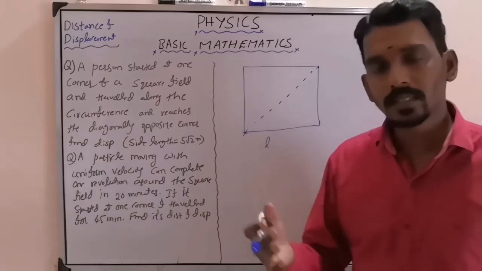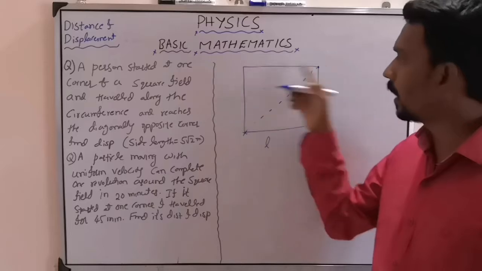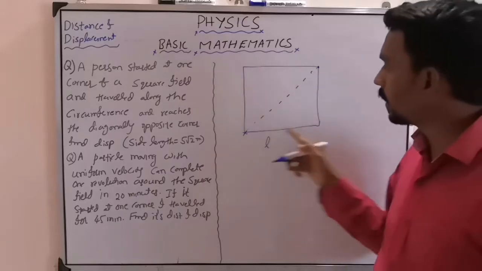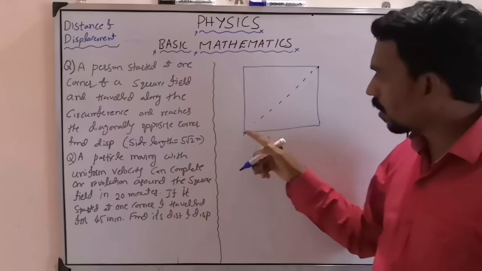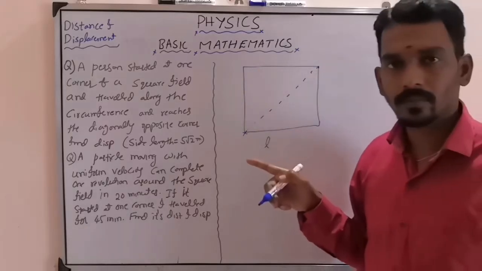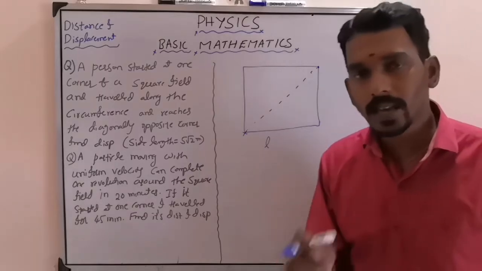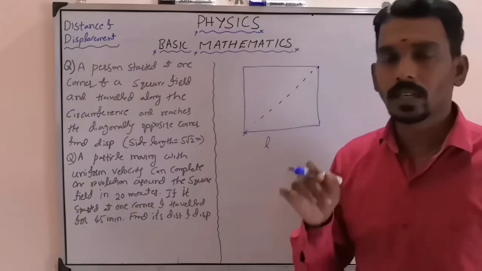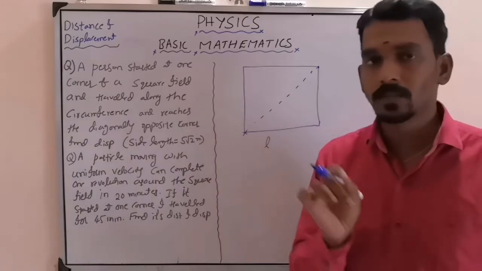If they ask distance, then definitely they will specify whether he completed only half a round, or 1.5, or 1 round, 2 rounds, 2.5. That is different. When they ask distance, then you have to think about it. But here they are asking only displacement.